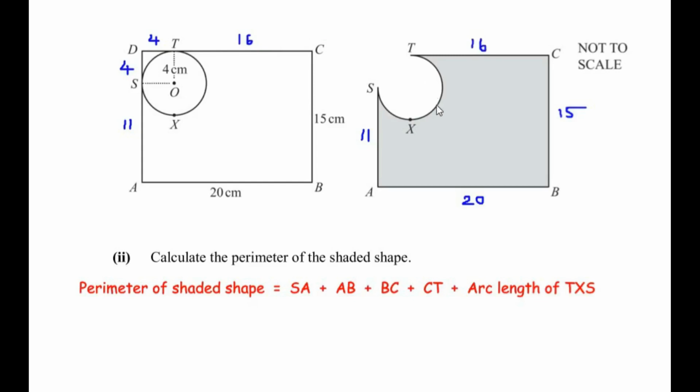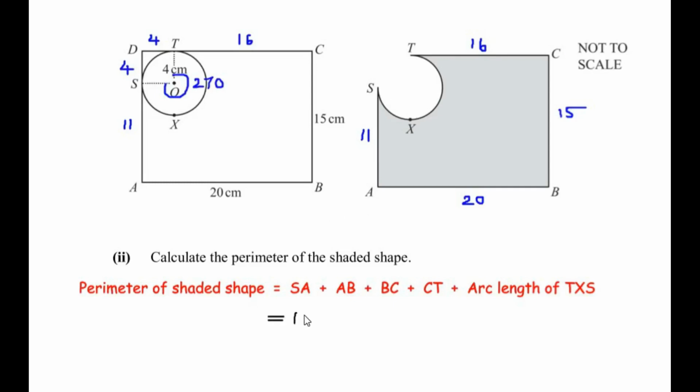Now the one thing which is left in this entire shape is the value of arc length TXS. So in part 1 of this question, we had got the central angle as 270 degrees. And we know that the radius of the circle is 4. So to find this arc length, we are going to make use of the arc length formula.